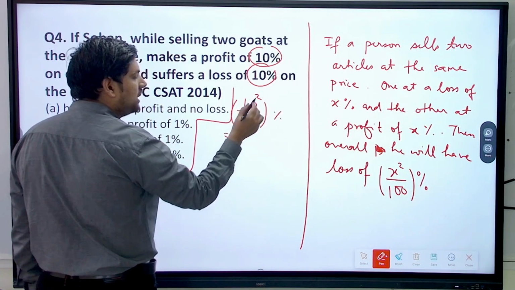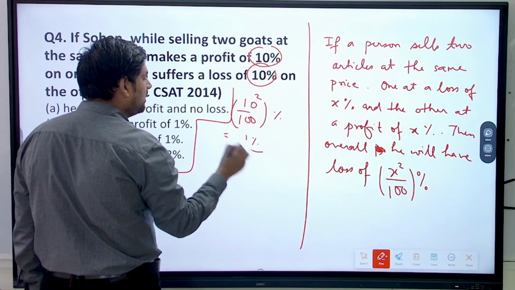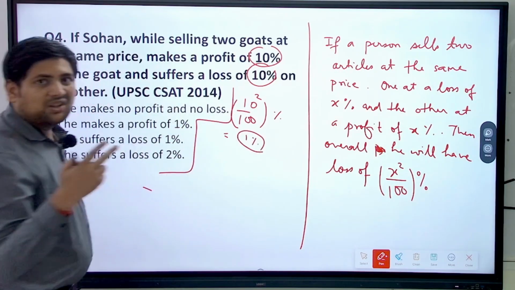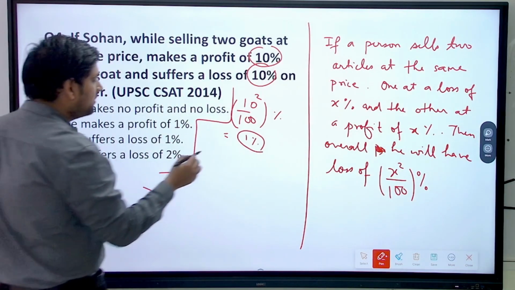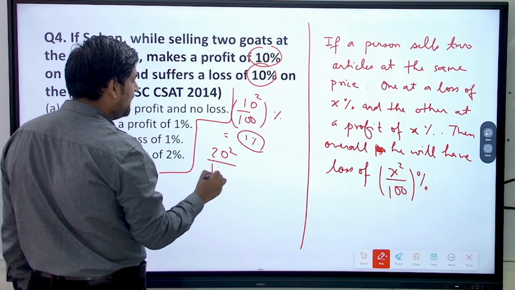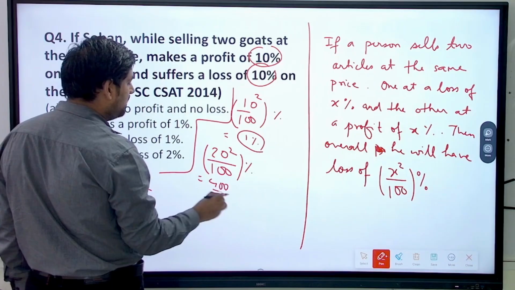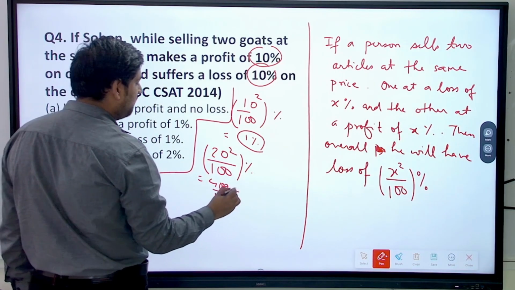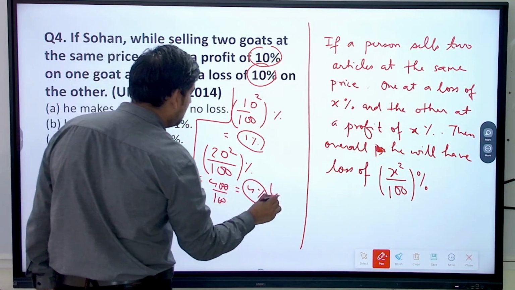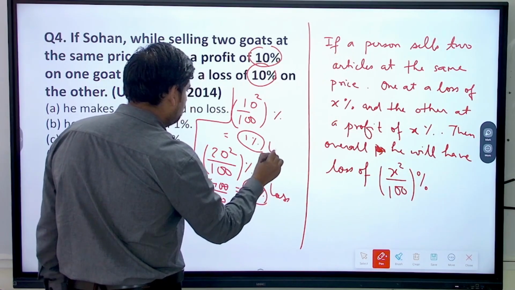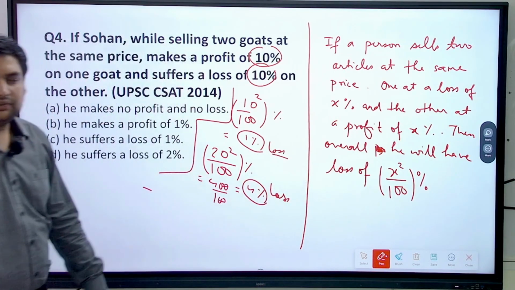That means 10 square is 100, 100 by 100 is 1%. Similarly, in the other question you had 20% loss and 20% profit, so this becomes 20 square by 100%. 20 square is 400, 400 by 100 will be 4%. That is why you had a 4% loss there and you have a 1% loss here.